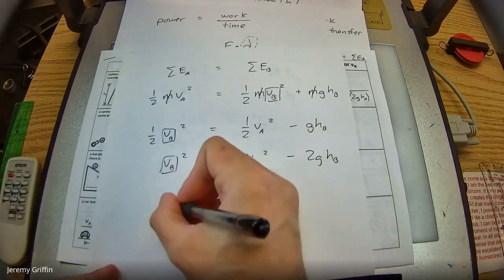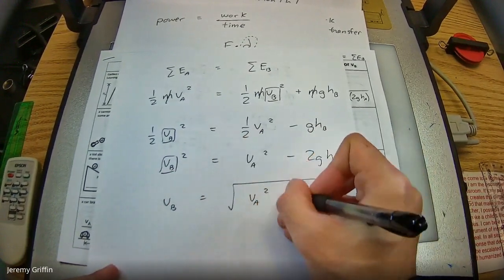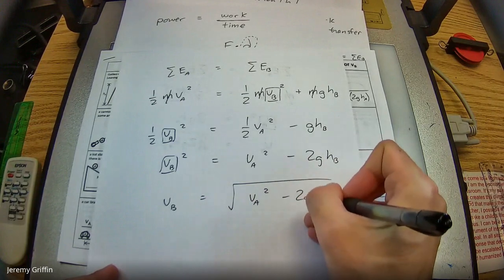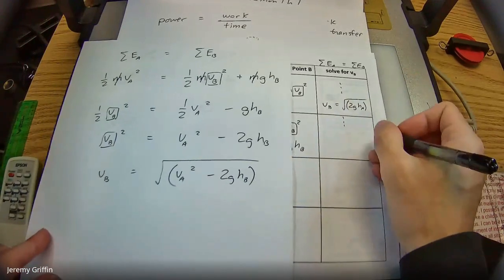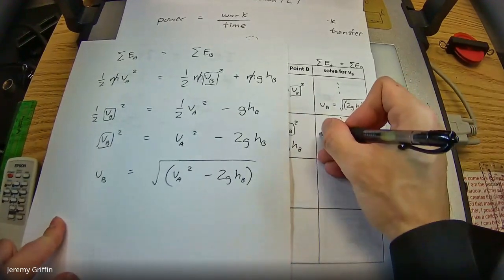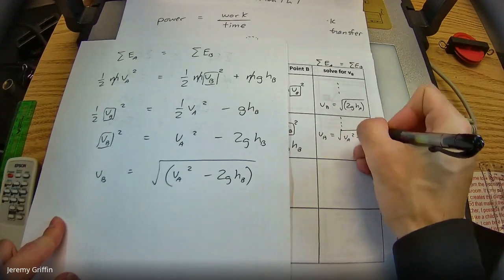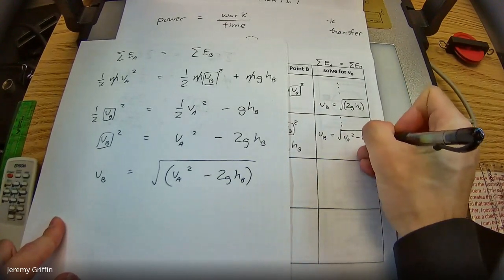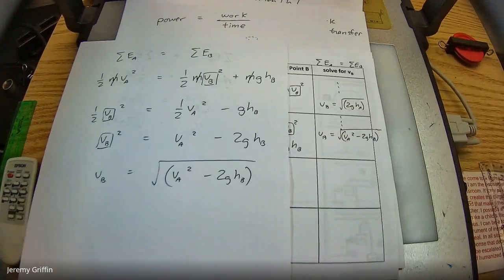And then finally, VB would be the square root of VA squared minus 2gH sub B. Just like that. So skip a bunch of steps here. You got speed at B is the square root of VA squared minus 2gHB. Is that all right? Okay.